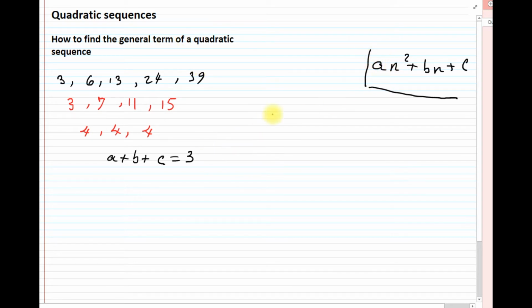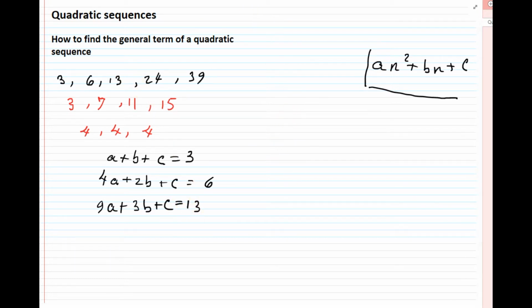For n equals 2, 2 squared is 4, I get 4a plus 2b plus c, and this is equal to 6. Then I substitute n equals 3, so I get 9a plus 3b plus c, and this should equal our third term, which is 13.